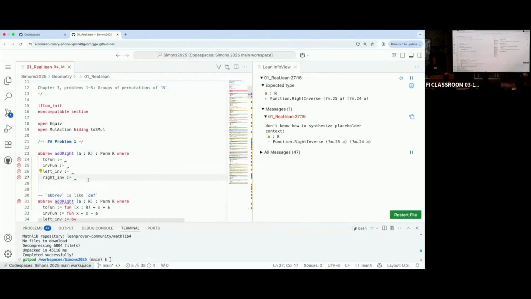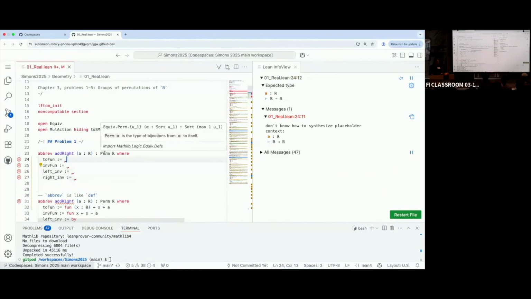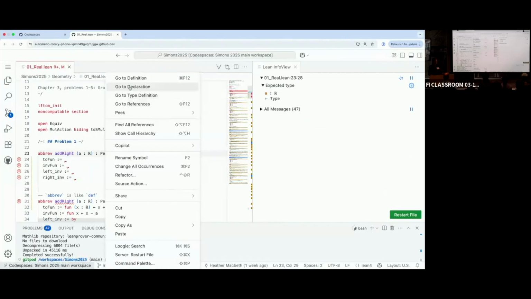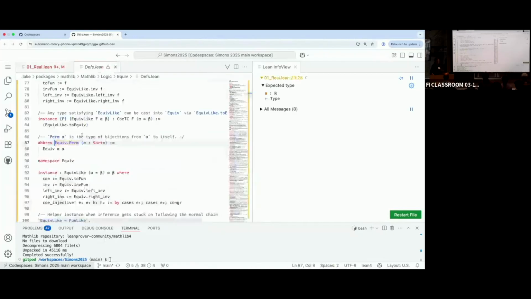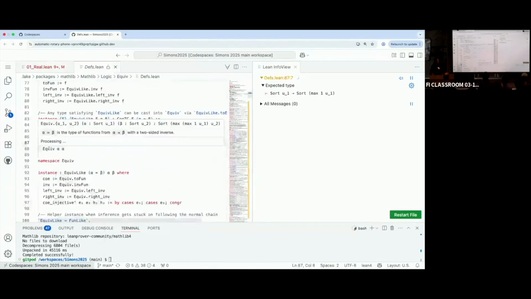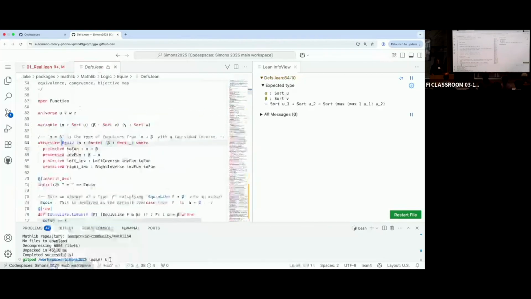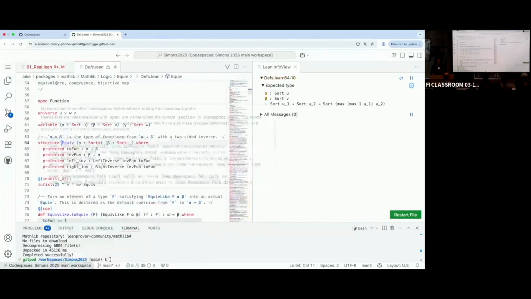If you have to construct an object and you don't know what the various pieces of that object are, Lean can tell you because it knows what a permutation is supposed to consist of. That's the point. If you click through the definition of perm, then you can see where those words are defined. I think I'd have to go back several layers to see all the pieces of information. You can see a permutation is an equivalence, where an equivalence is a bijection, but after a couple of steps, I get to the same thing.